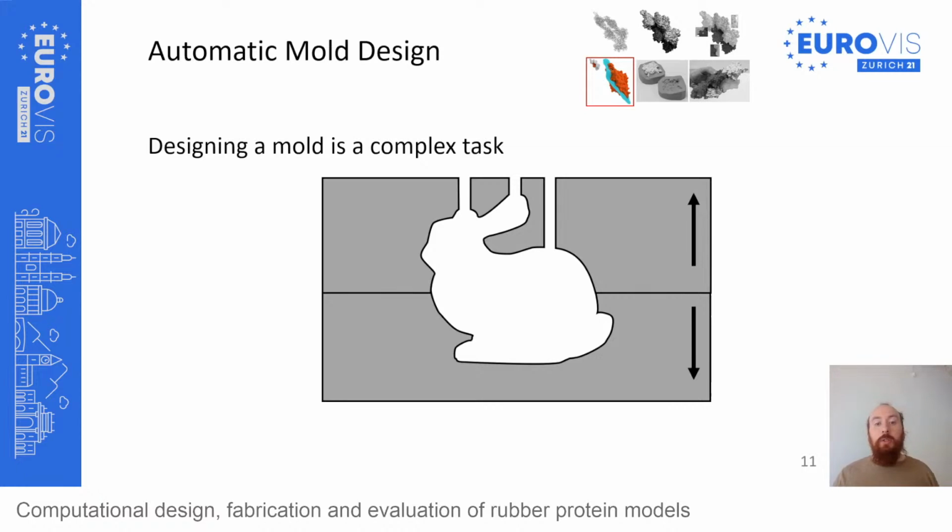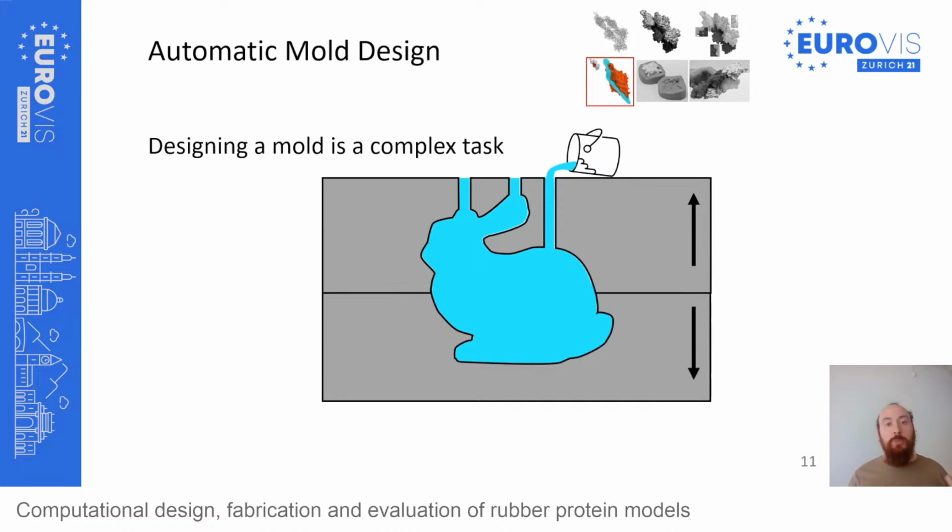And this empty cavity can be filled with some casting material that in our case is silicon. And then once the material is cured, it will take the exact shape of the cavity and so of what you want to produce.